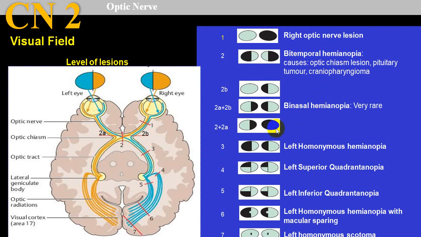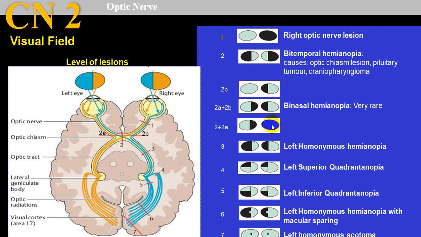Now, if you get 2 plus 2a, 2 plus 2a, 2a means temporal fiber of the opposite eye is gone, that is left eye. So temporal fiber gone, so nasal field gone. Plus here if you say 2 plus 2a, this is producing nasal fiber damage.